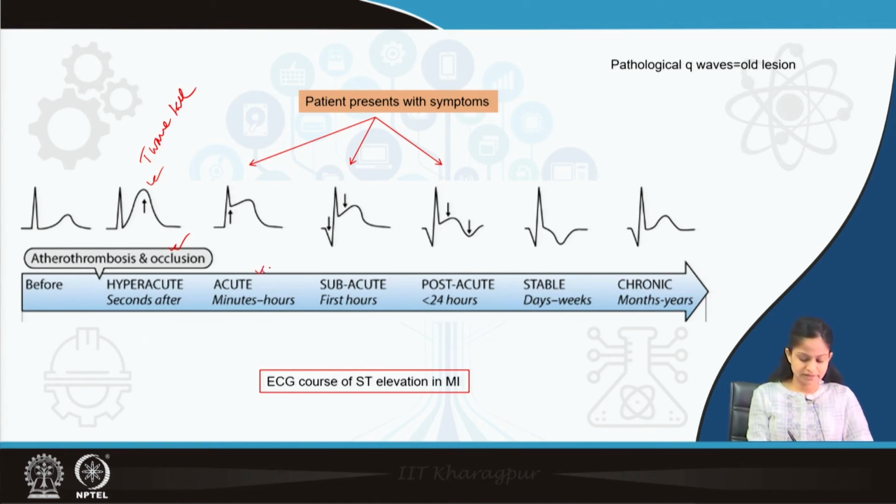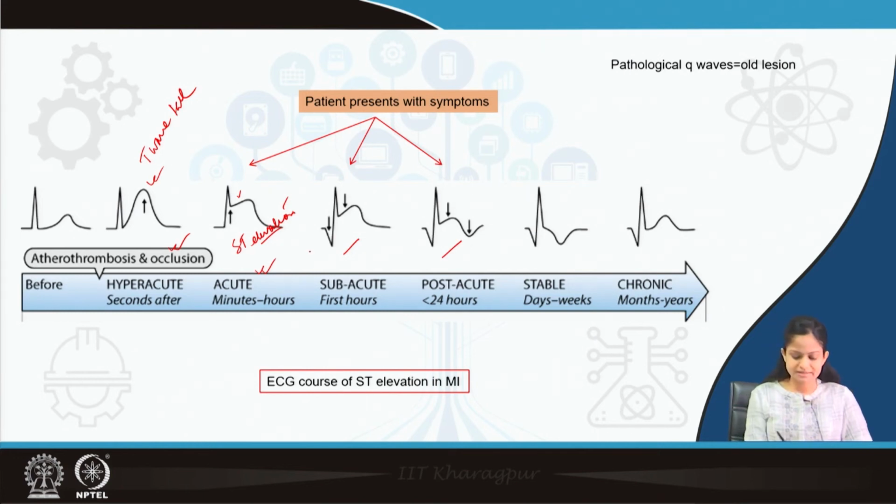Then in acute conditions, generally within minutes to hours, there will be ST elevations. We can see that this is ST elevation. Subacute means when certain hours have already progressed. This is ST elevation, this is ST elevation.